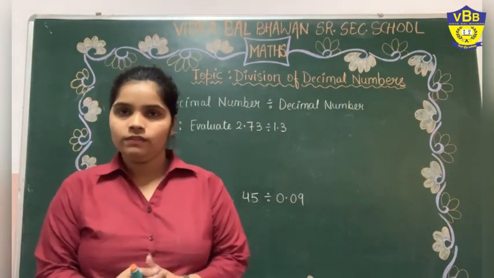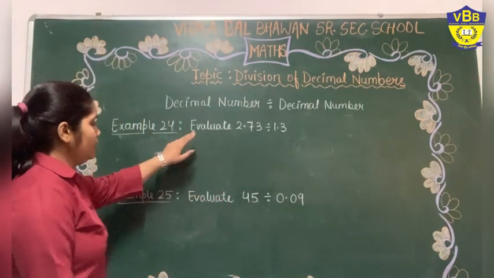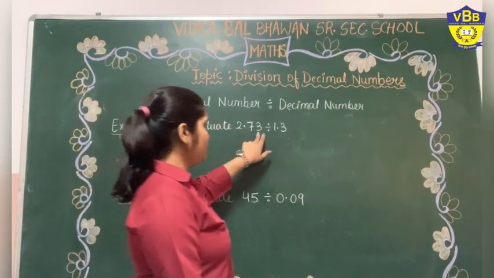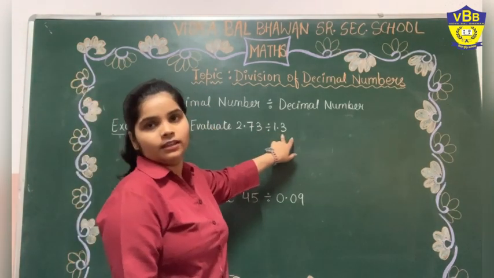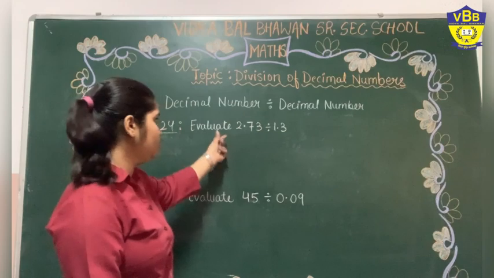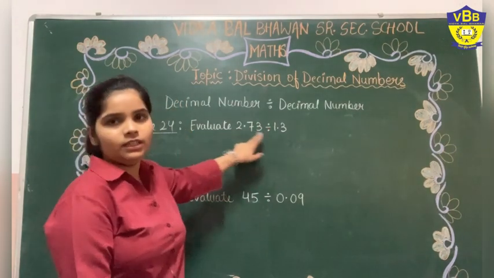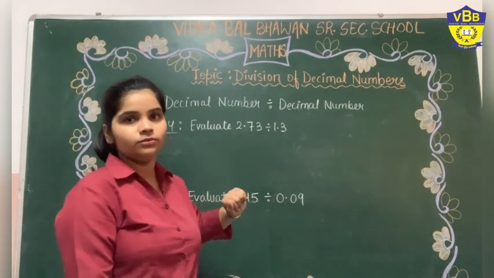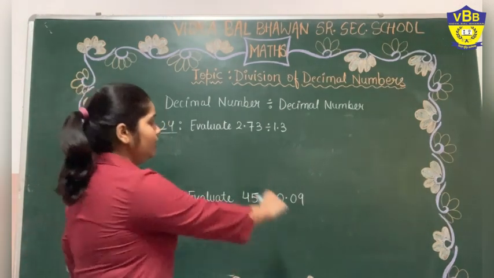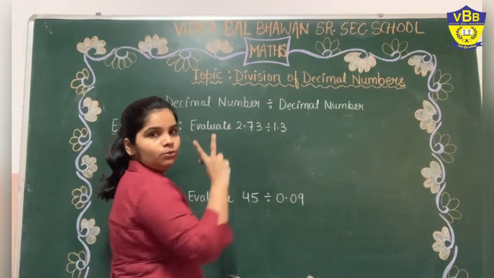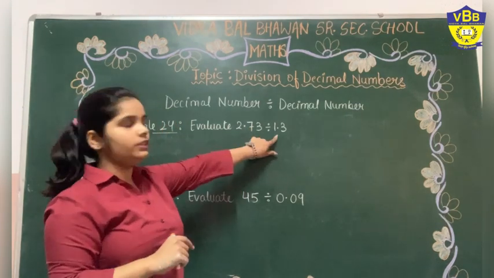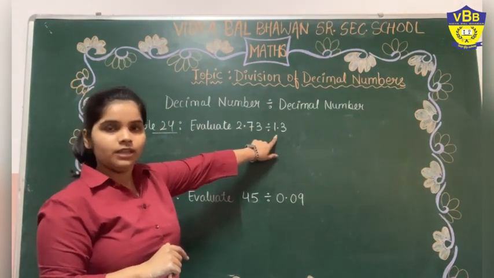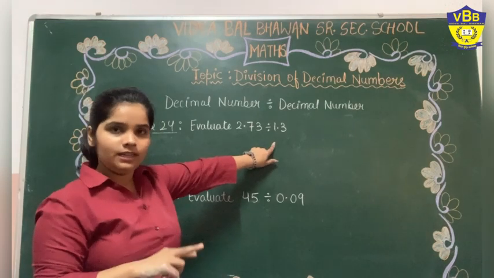So, let's solve some examples. Evaluate 2.73 divided by 1.3. Two decimal numbers, 2.73 and 1.3. Are they like decimals? No, they are not like decimals. 2.73 has two decimal places and 1.3 has one decimal place only. So first we will make them like decimals.